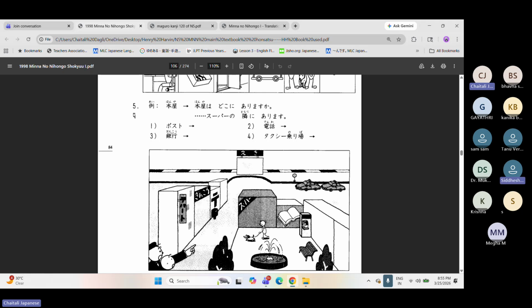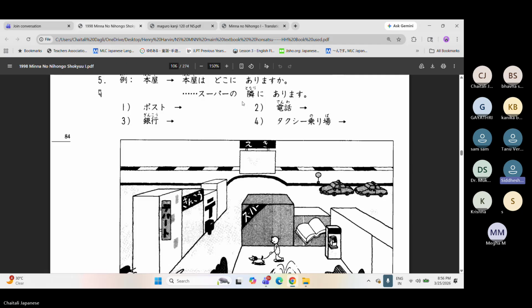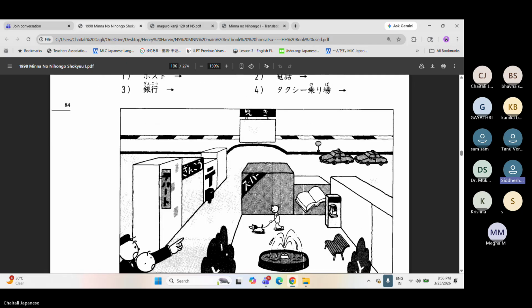Okay, so the first one. Post box. Posuto. So form the question first. Posuto wa doko ni arimasu ka? Where is the post box? Where can you see the post box? In front of the supermarket. Is this a supermarket? No, ma'am.